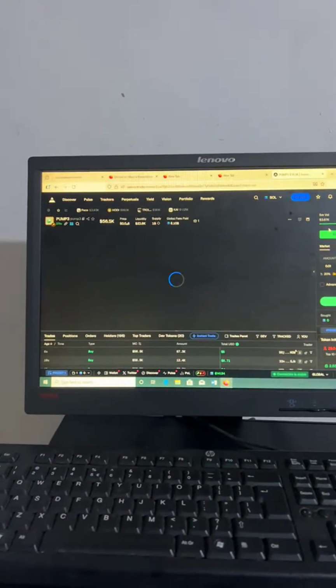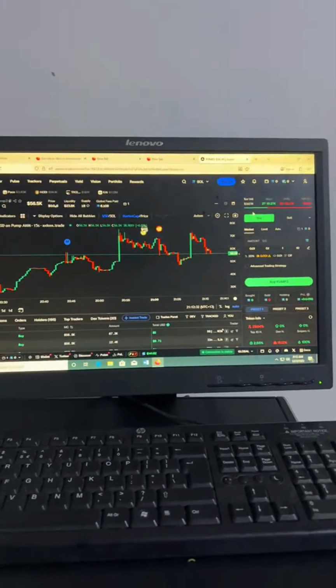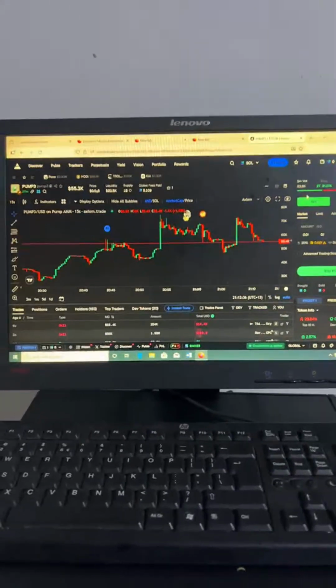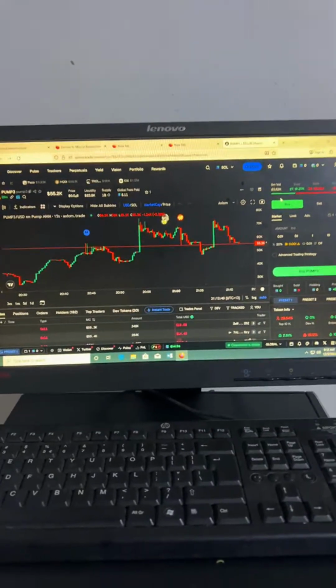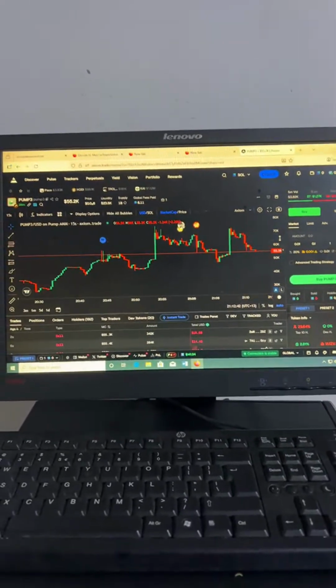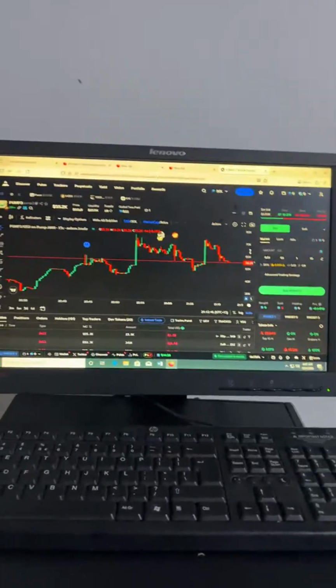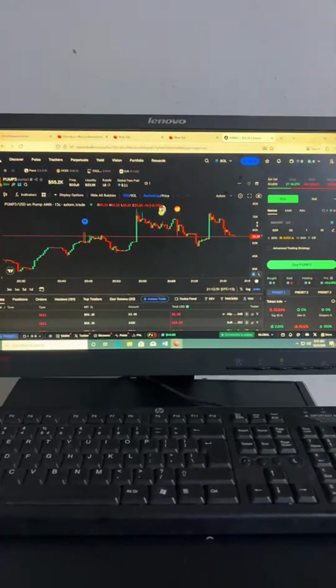The volume is not encouraging, so this particular coin is not going to pump further. You understand? So you must check that the volume is there. Volume must be there before you buy anything. These are the things you need to check while buying your coin.